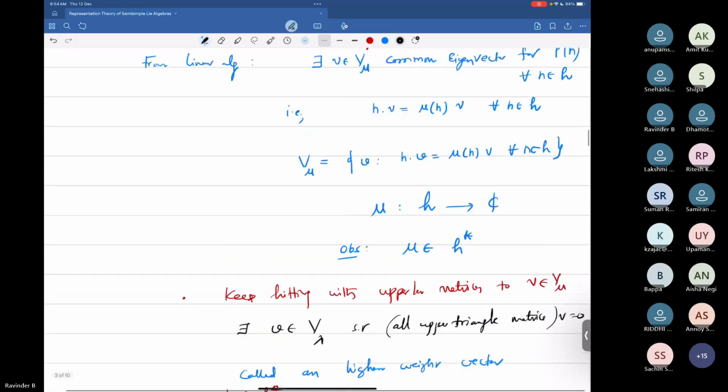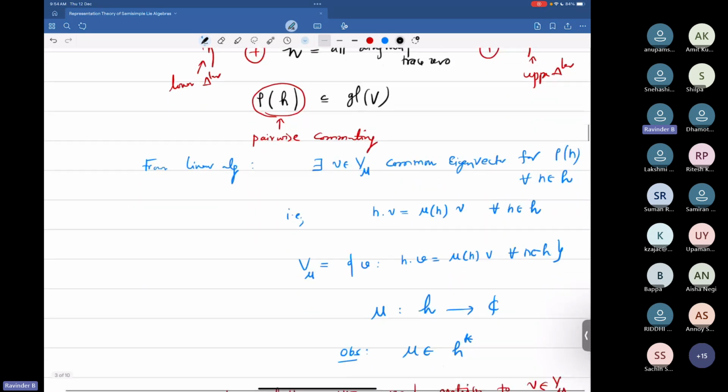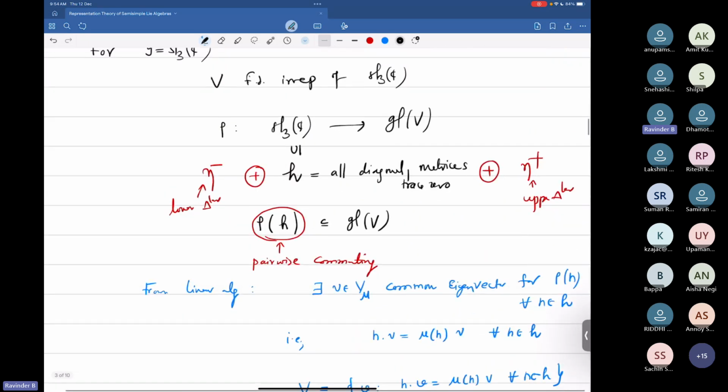To get the triangular decomposition, I need some more properties of this rho of H. If you look at rho of H, pairwise commuting is okay, that's correct.